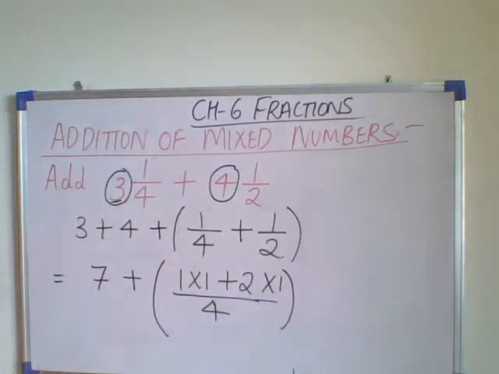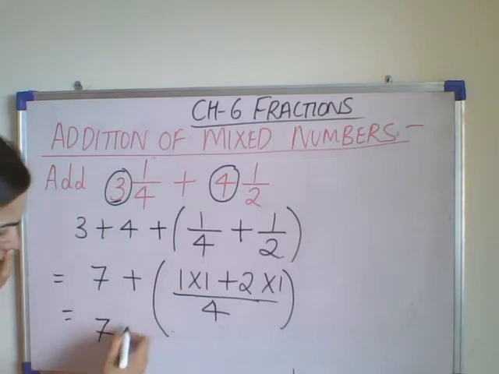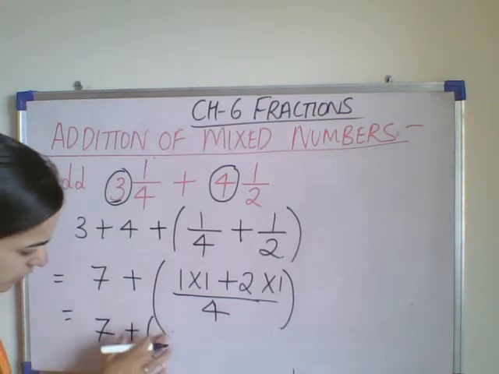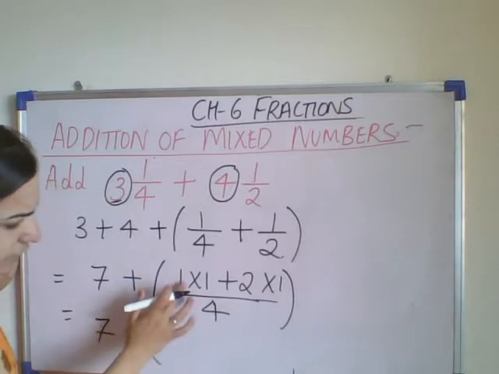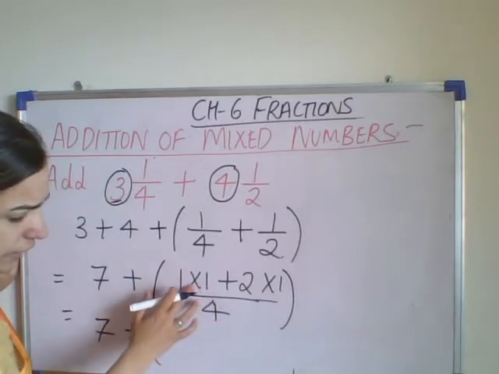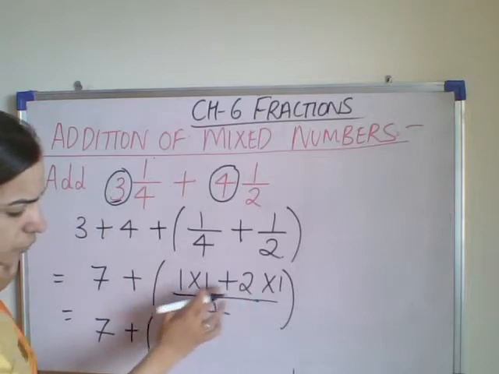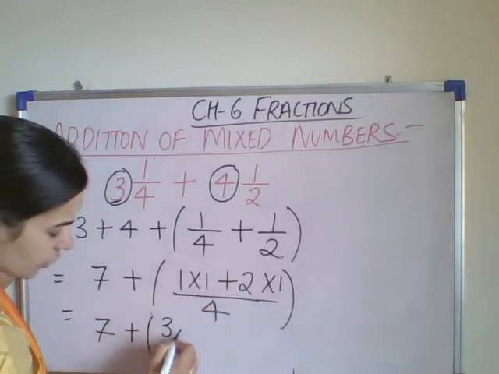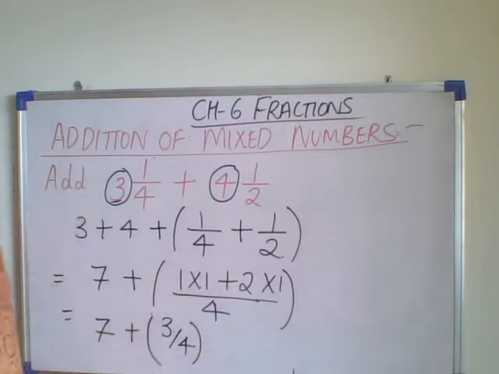So what you get here is 7 plus, if you add this, 1 plus 2. So 1 plus 2 is 3, you will get 3/4.